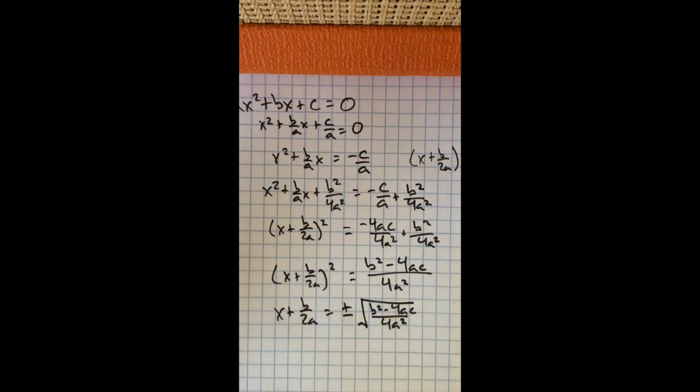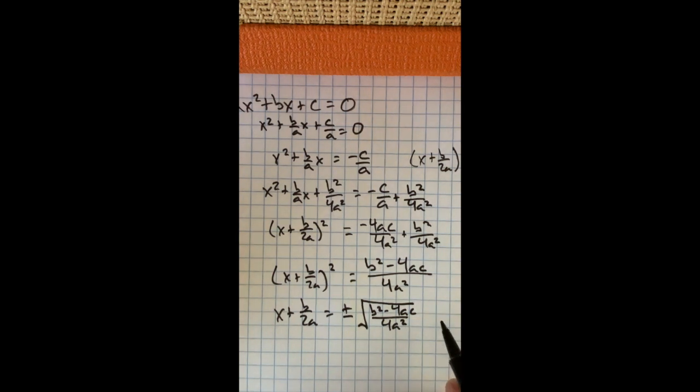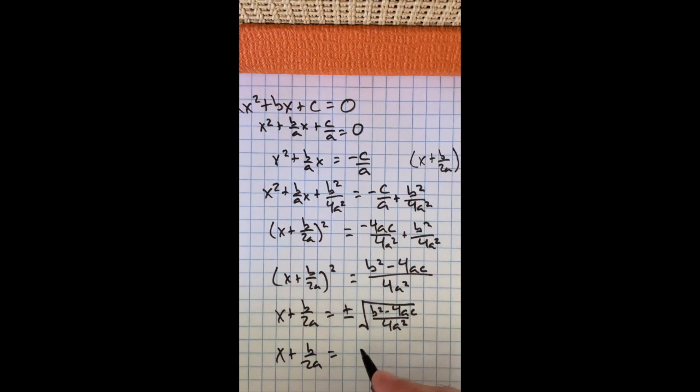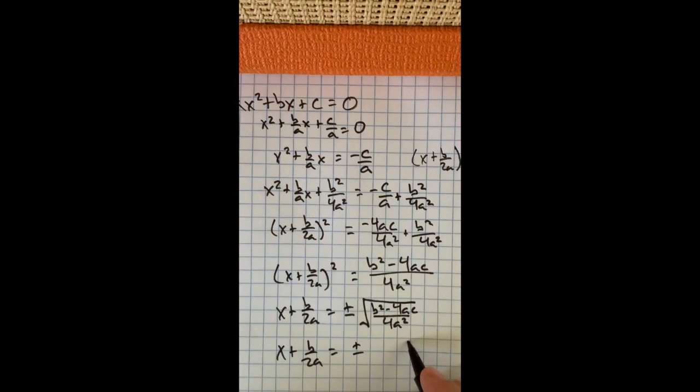Now you might notice that 4a squared is equal to 2a times 2a, also known as 2a quantity squared. 2a quantity squared, when we take the square root of it, we just get 2a. So we can rewrite the denominator here as 2a quantity squared, and then take the square root. x plus b over 2a equals plus or minus square root of b squared minus 4ac over, not the square root of, but over 2a.